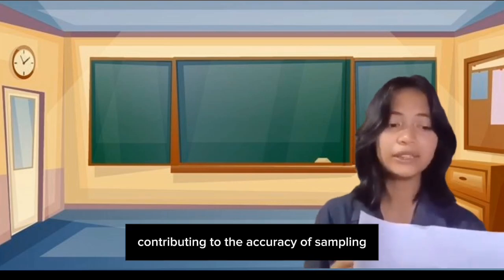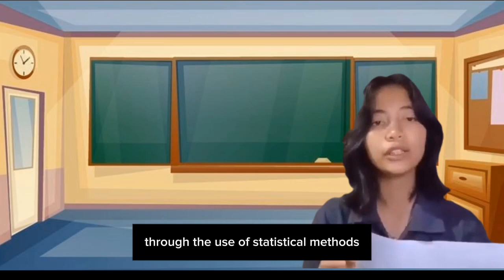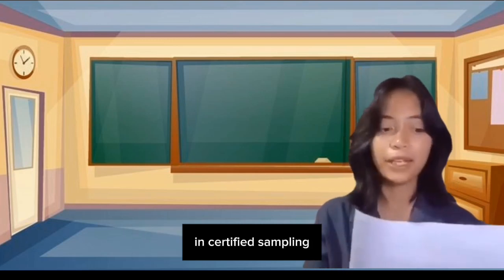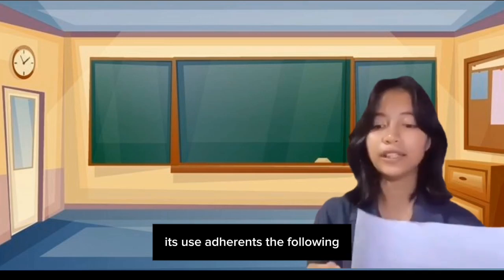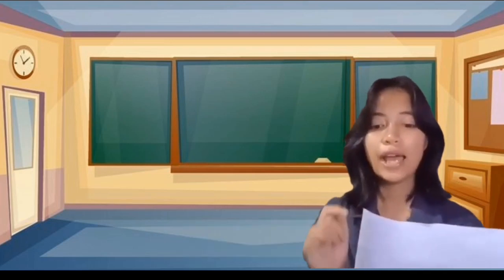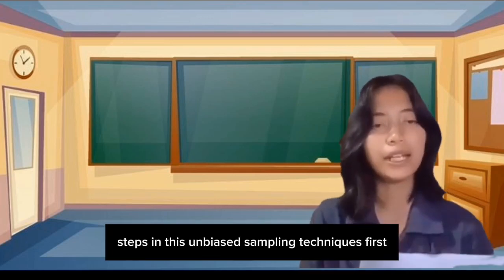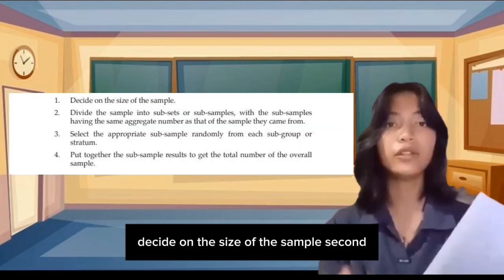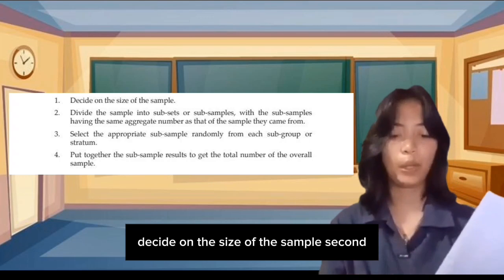Contributing to the accuracy of sampling through the use of statistical methods in stratified sampling is adherence to the following steps in these unbiased sampling techniques. First, decide on the size of the sample.